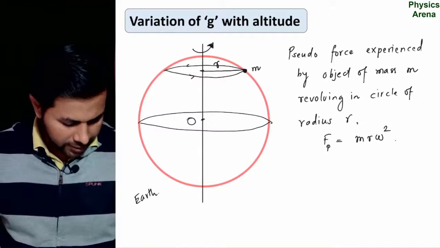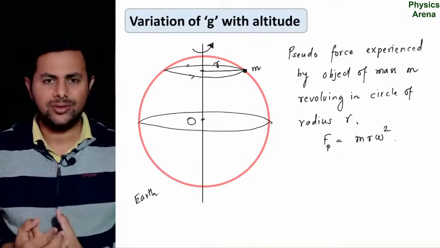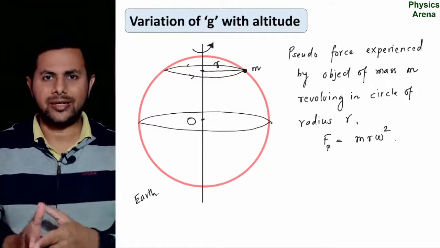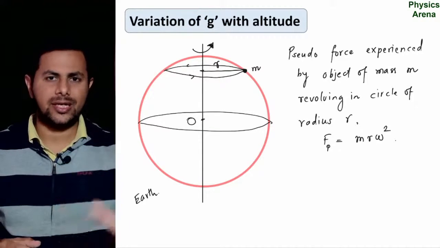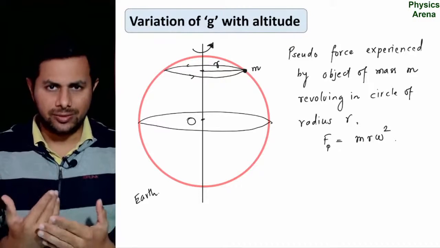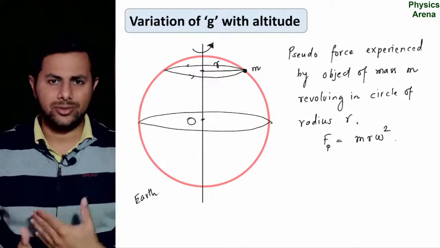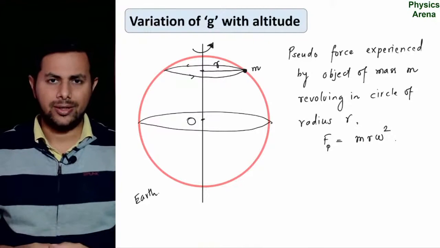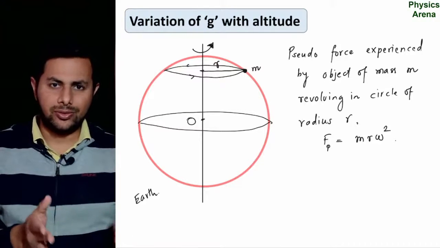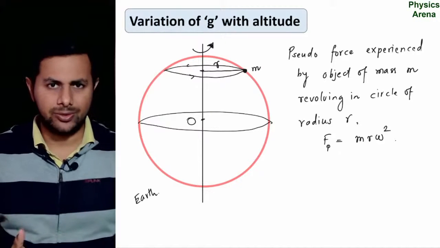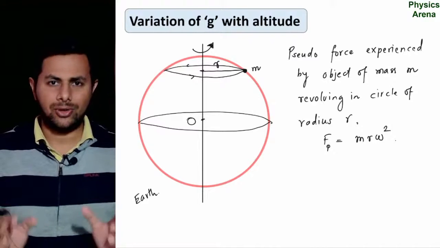Geeta is asking what is pseudo force. So let's suppose you are standing in a bus and the bus accelerates suddenly. So the bus is at rest and it starts. So you get a backward jerk. You feel as if there is some force acting on you in the backward direction, so you will be falling backwards. You cannot explain the origin of that force, but you feel that force because you are in an accelerated frame of reference, where Newton's laws are not applicable.